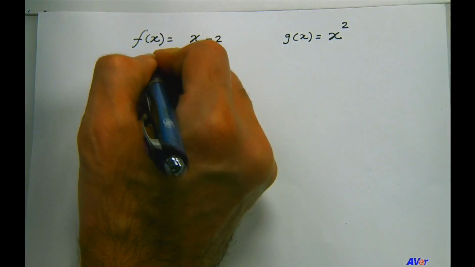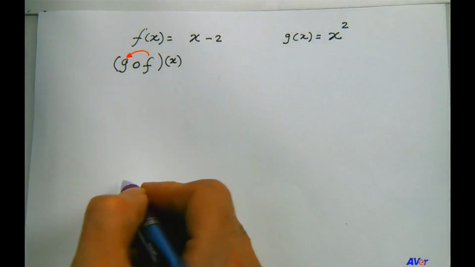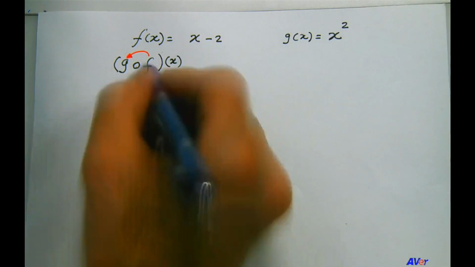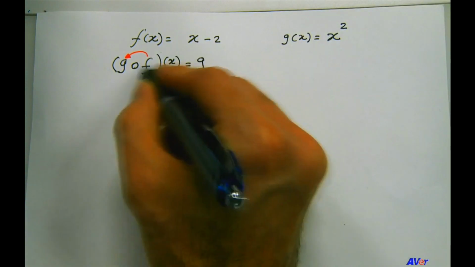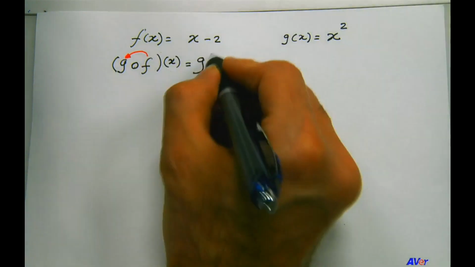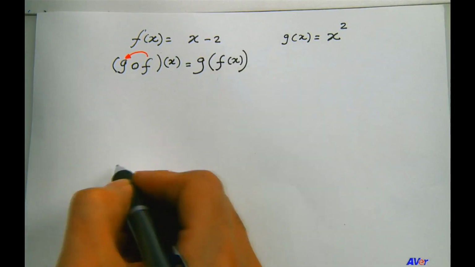So in this notation, always the second function gets replaced in the first function. So what does this mean? It means that another way of saying the same thing is g of f of x, like that.